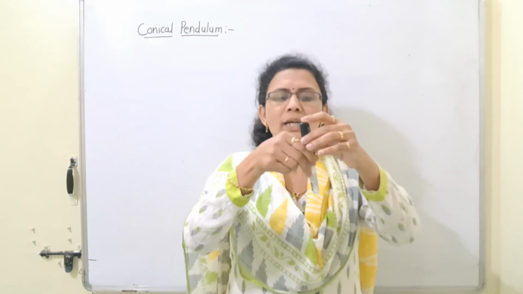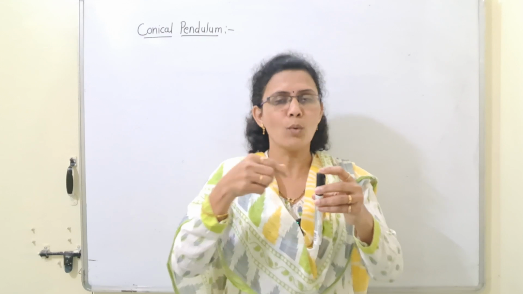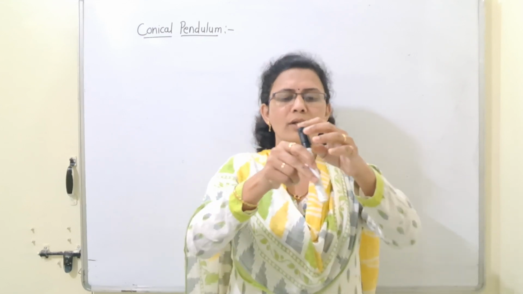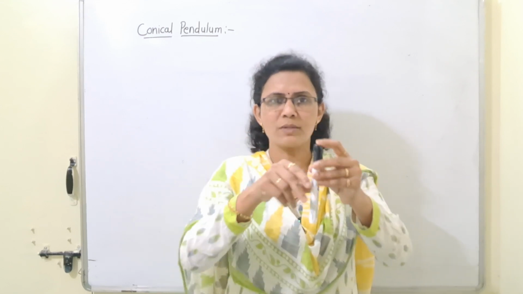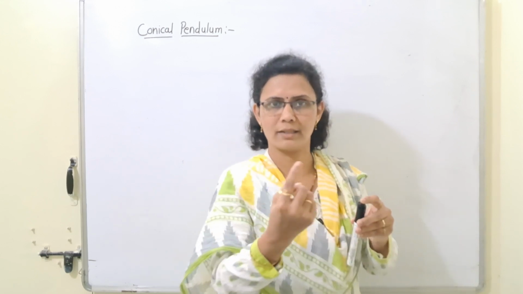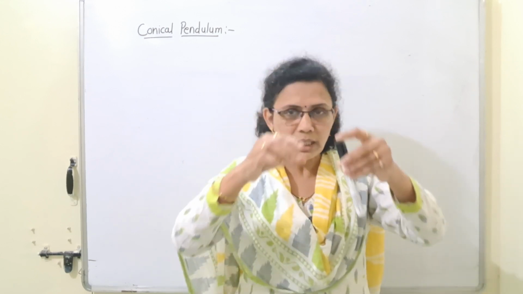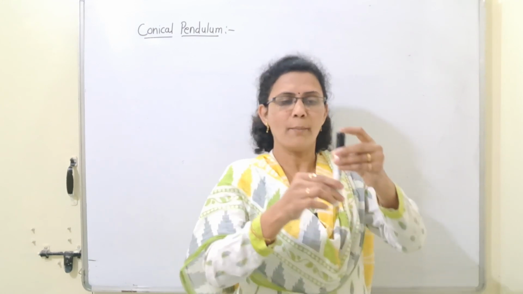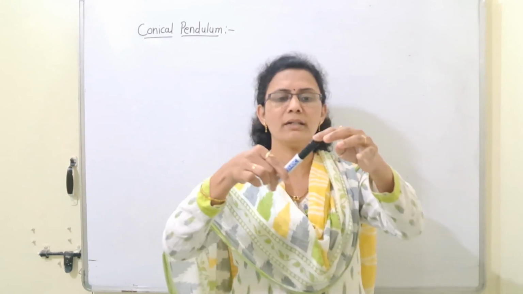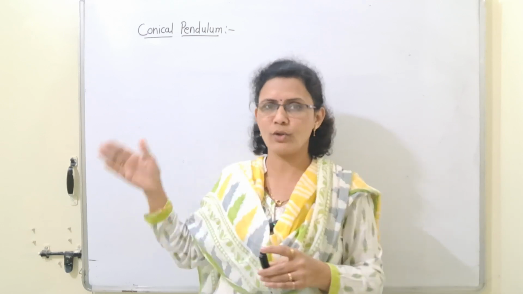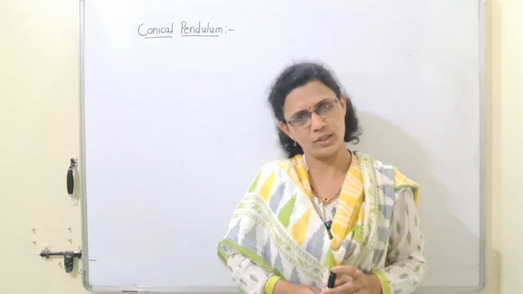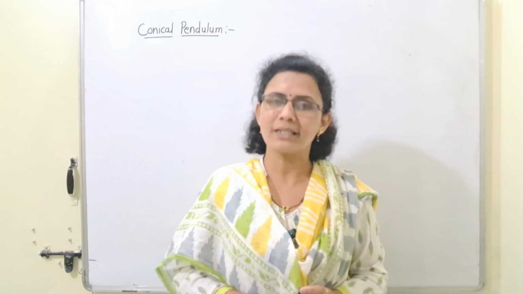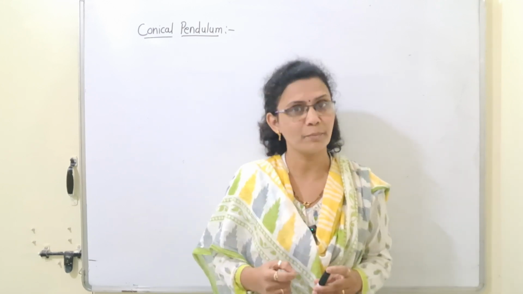So it is making horizontal circular motion, a horizontal circle. It makes a cone-like structure, therefore it is called a conical pendulum. And we are going to derive the formula for its time period.